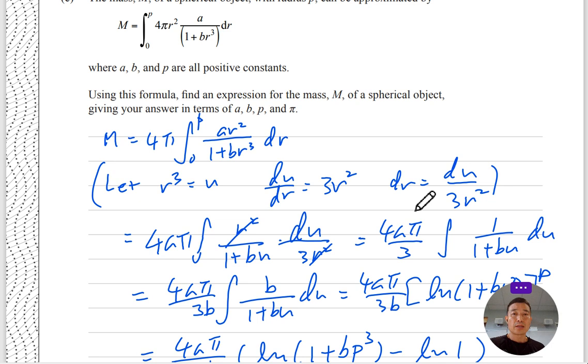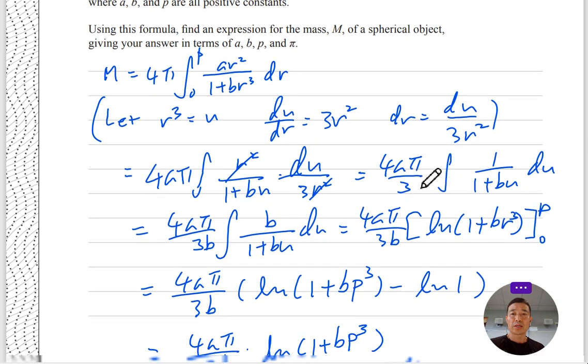So that means that dr equals du over 3r squared. So r squared is nicely cancelled out. So everything is about constants and u, which is good.